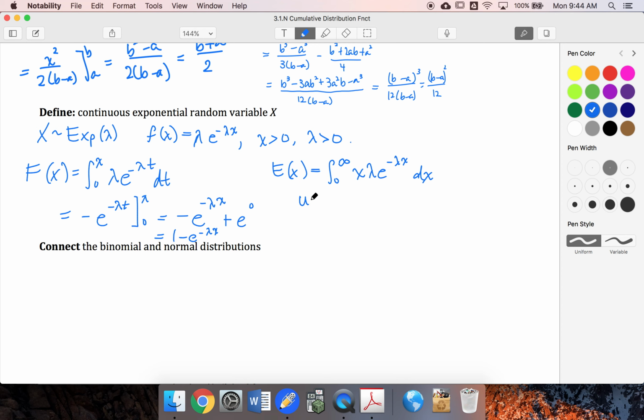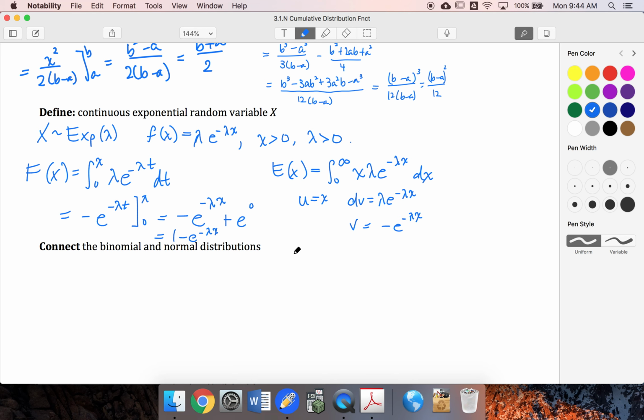So I would set up my u to be x, and my dv, I will make lambda e to the negative lambda x. I like having that lambda in here because then when I integrate, it's going to cancel out. I'll get negative e to the negative lambda x. My du, of course, is just dx.